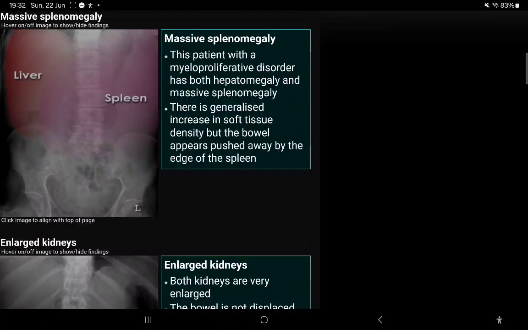There is a generalized increase in soft tissue density, but the bowel appears pushed away by the edge of the spleen because it comes obliquely toward the center from the left upper quadrant toward the right lower quadrant.